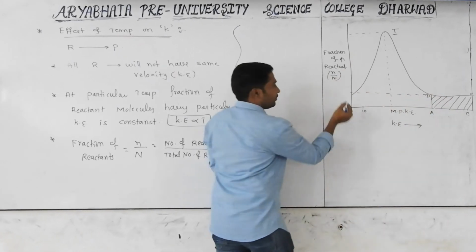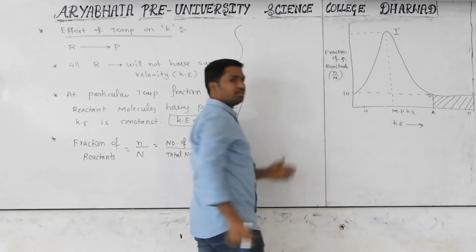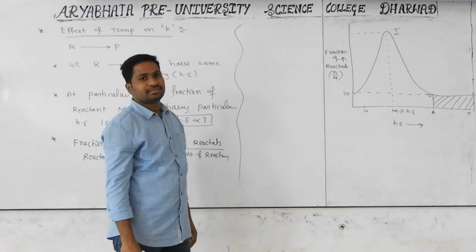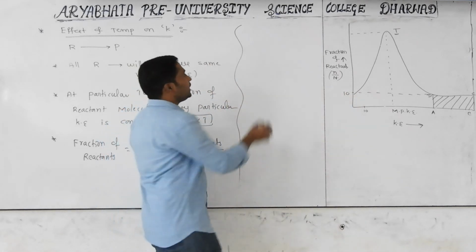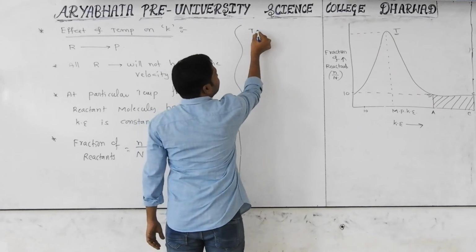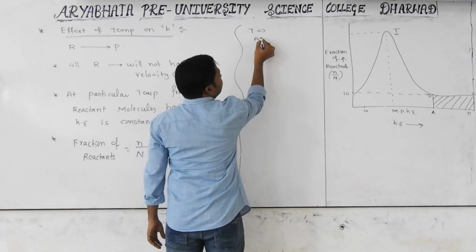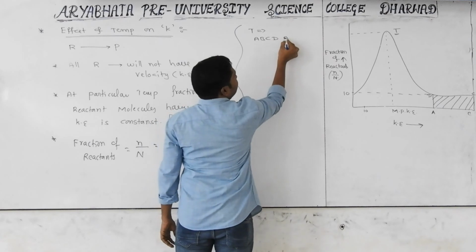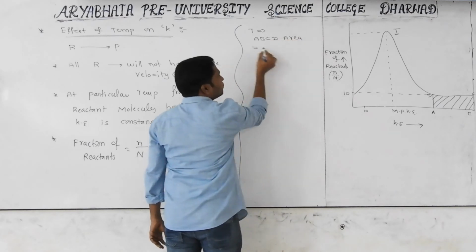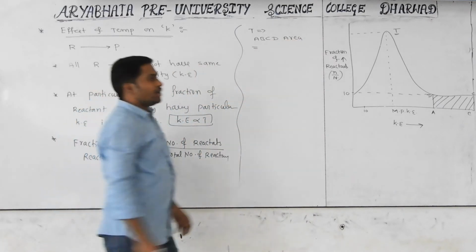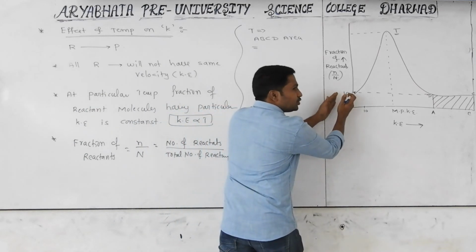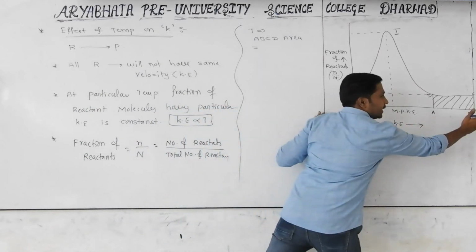For example, 10 molecules are there. What is the meaning of this? The A, B, C, D area at temperature T will give us information regarding the fraction of molecules which are having more kinetic energy.